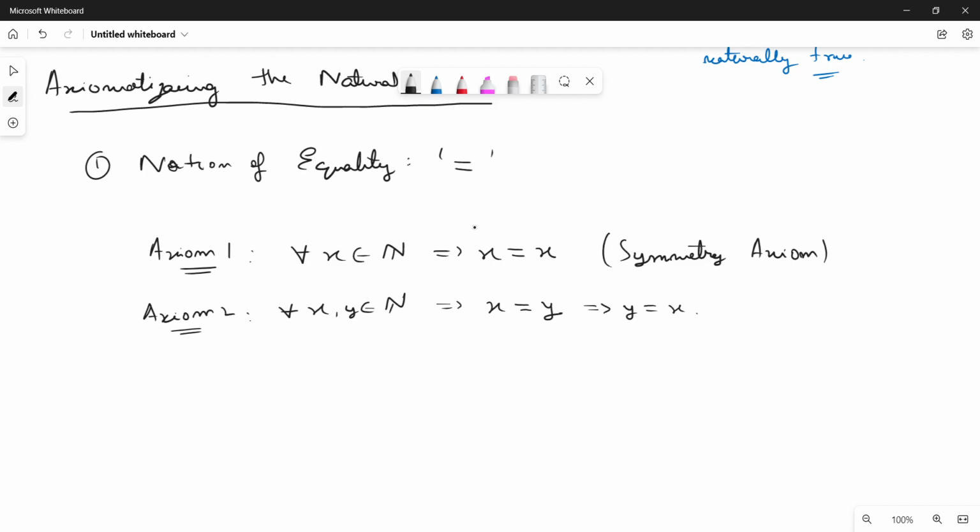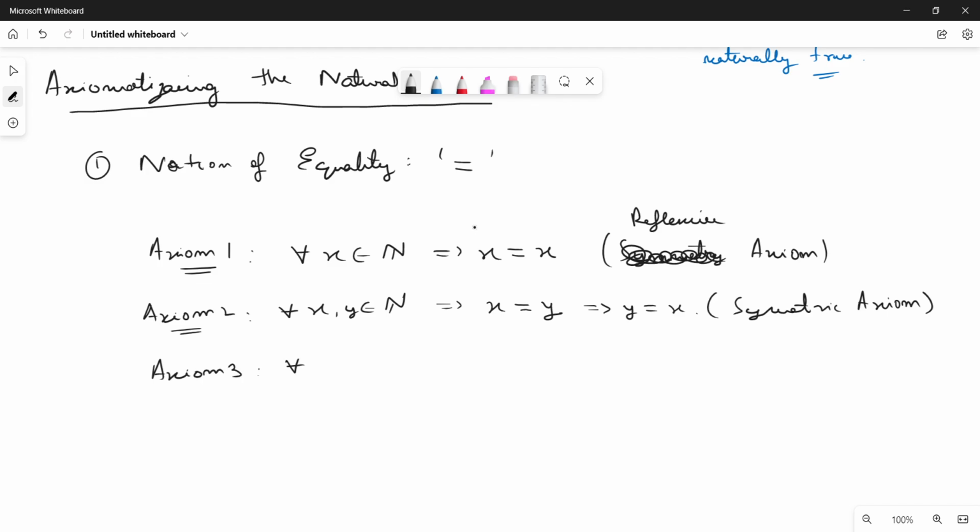That is, if there exist two natural numbers and x is equal to y, then y is also equal to x. I'm sorry, the first one is called the reflexive axiom, and this one is called the symmetric axiom.